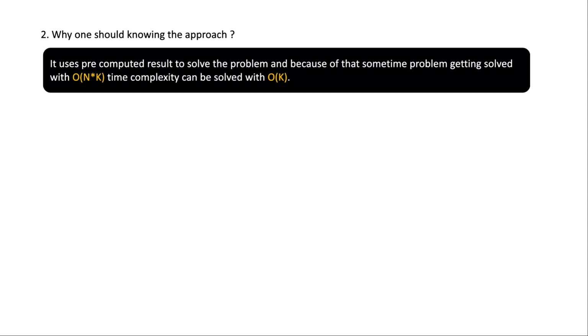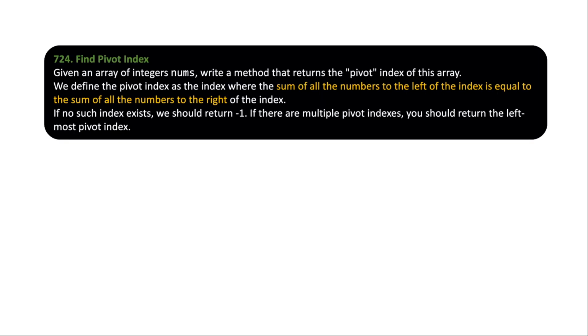Now let's take one problem, and we will try to solve it with brute force as well as with the prefix sum array. This is a problem from LeetCode, find pivot index. It says you are given an integer array, and you write a method that returns a pivot index from this array. What is the definition of the pivot index?